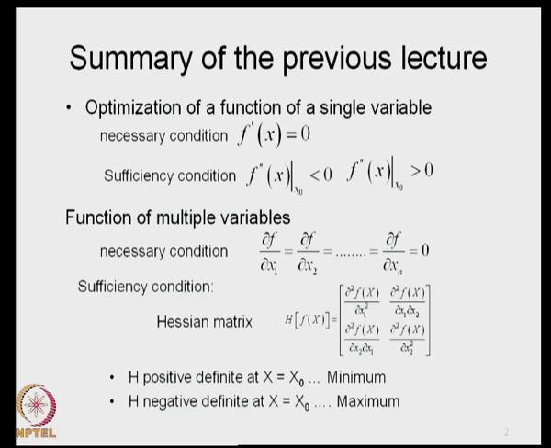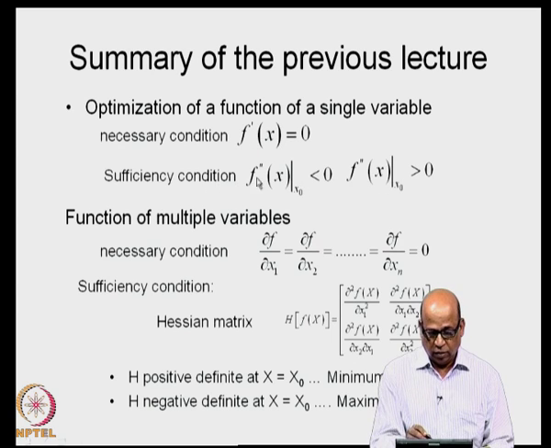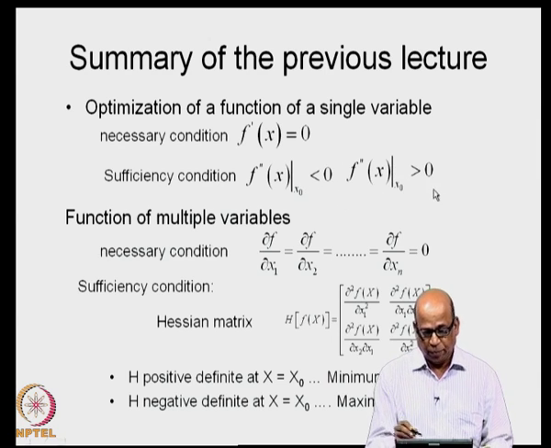We have written here for the second derivative: f dash of x is equal to 0, and the sufficiency condition is f double dash of x evaluated at x naught, where x naught is the stationary point that comes from here. If it is less than 0, it corresponds to a maximum. If it is greater than 0, it corresponds to a minimum.